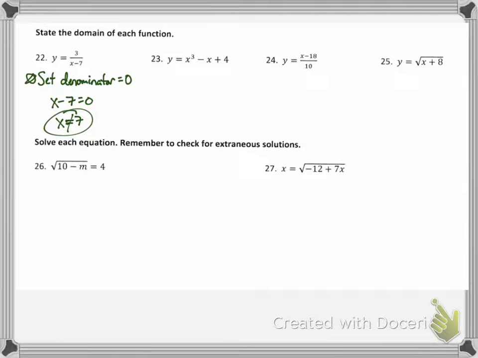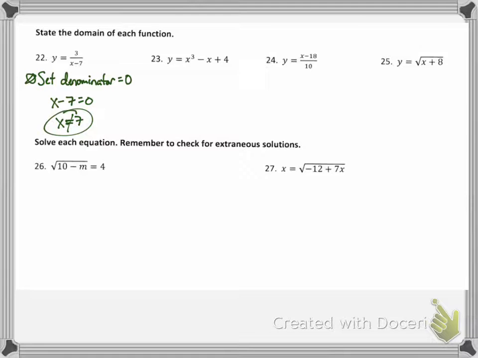Now, what about a problem like 23 where you clearly don't see any sort of fraction? In this case, you've got yourself x cubed minus x plus 4. You've got yourself a bunch of regular exponents, which actually makes this a lot easier. So there's no fraction, and you've got nice normal-looking exponents.